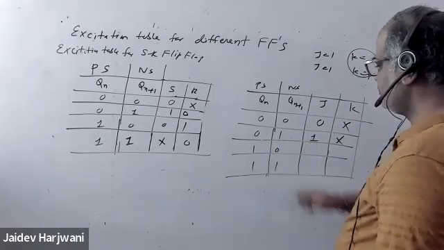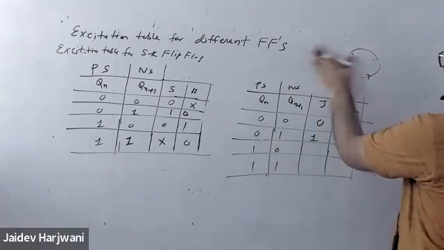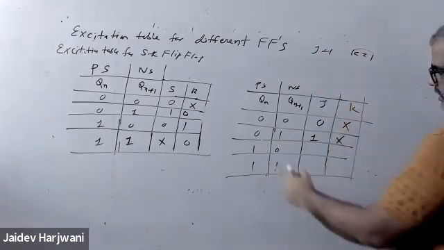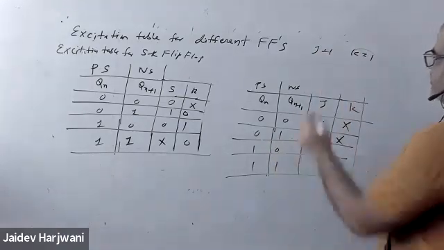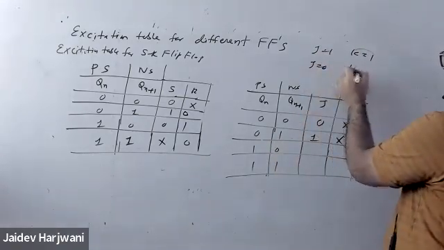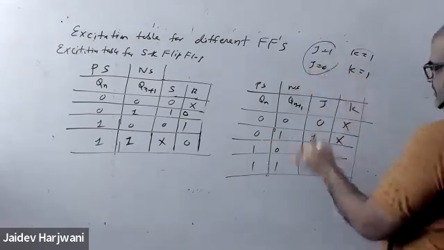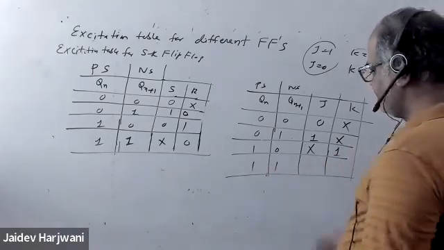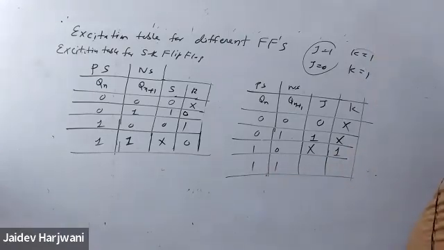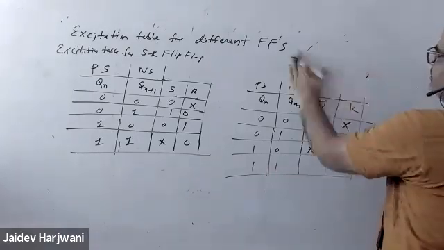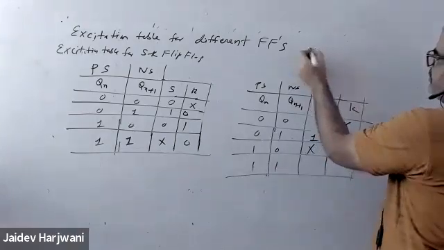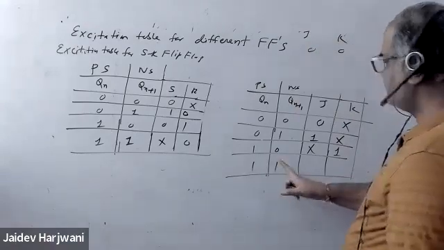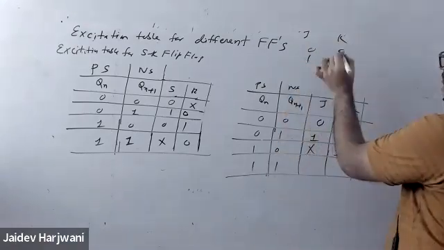Okay, 1 to 0 again happens for toggle condition, J equals 1, K equals 1, and 1 to 0 happens for reset condition, that is J equals 0, K equals 1. So J is x, K is 1. Then 1 to 1 is your no change condition, which means J is 0, K is 0, and this is also set condition, J equals 1, K equals 0.